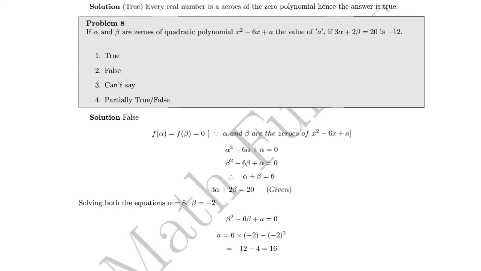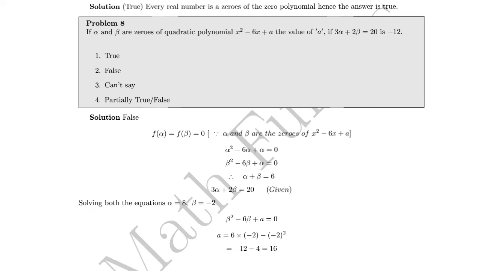In problem number 8, we'll see if alpha and beta are the zeros of a quadratic polynomial. A quadratic polynomial is given and alpha and beta are zeros of that polynomial. The value of a here is minus 12 if 3 alpha plus 2 beta is 20. We have to check whether it is true or false.